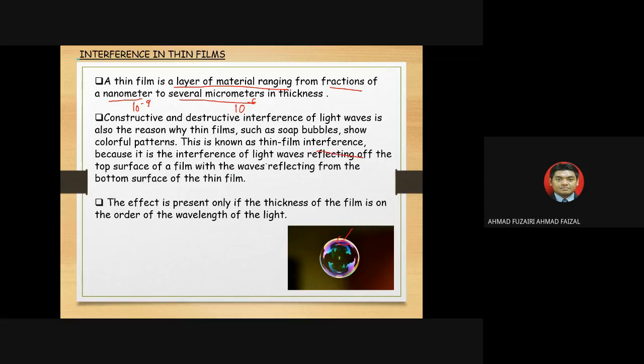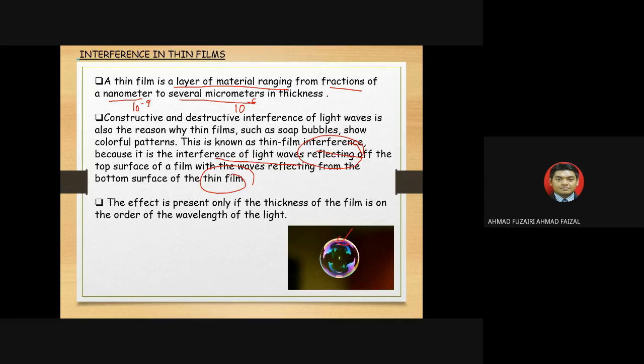Why does it happen? Because of the interference of light reflecting off the top surface of the thin film with the wave reflecting from the bottom surface of the thin film.